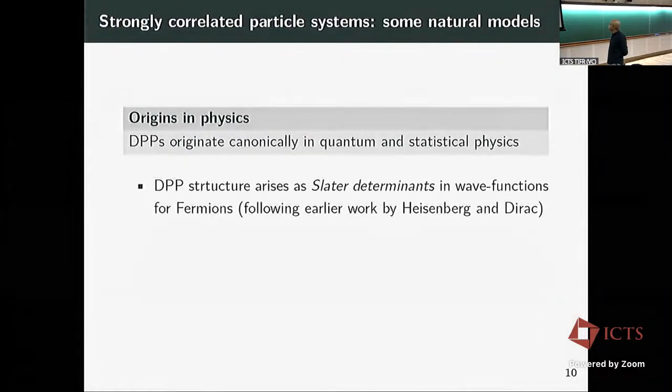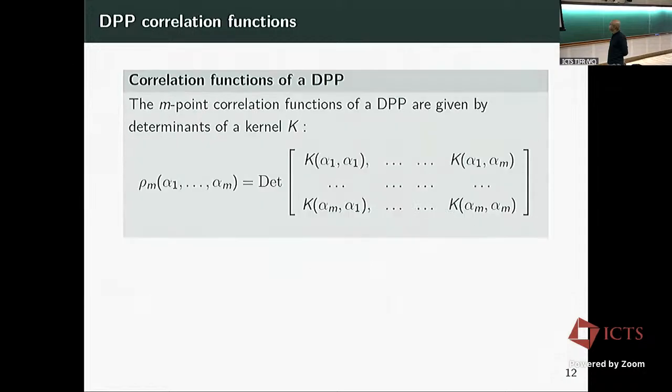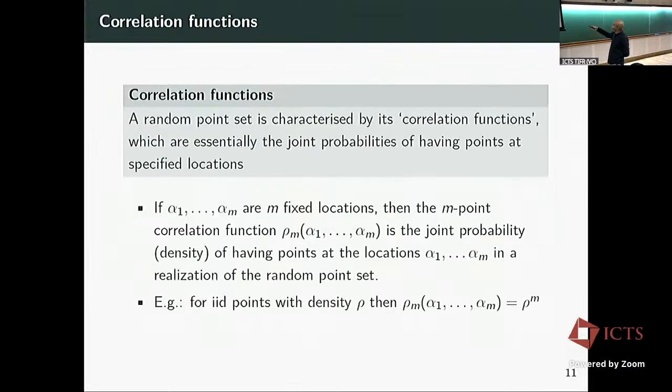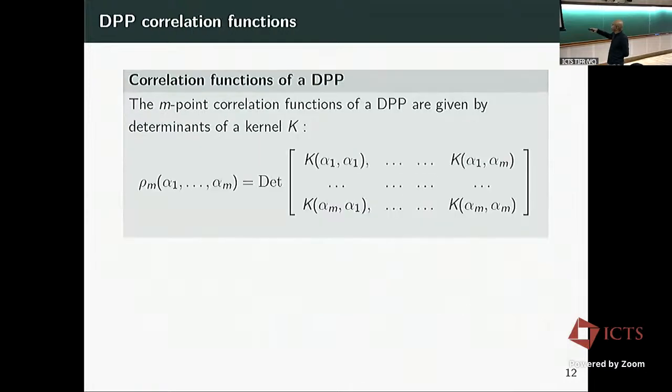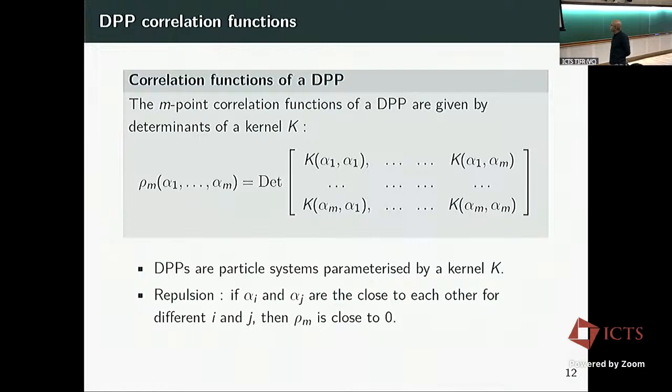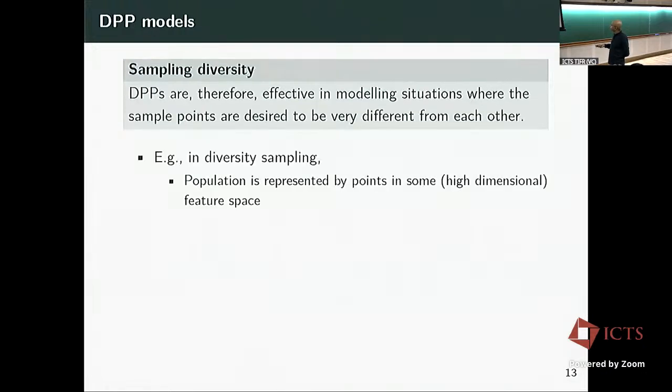Then we characterized determinantal processes by their correlation functions, which are joint probabilities of having points at specified locations, and these are given by determinants. These naturally entail repulsion.